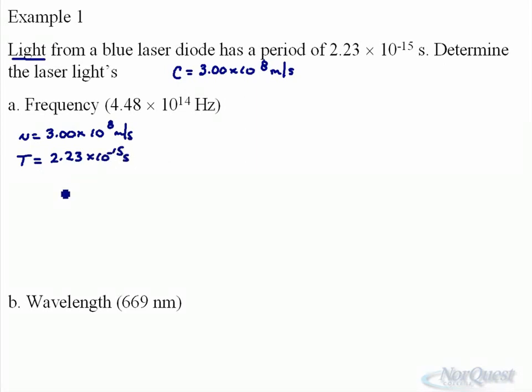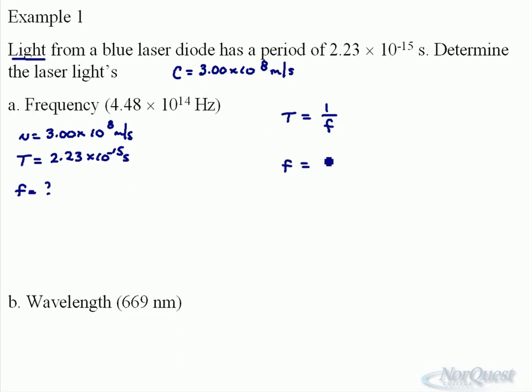If we want frequency, what we're going to use is this formula, T equals 1 over F. And we just have to manipulate that for frequency, and this is a quick one to manipulate.